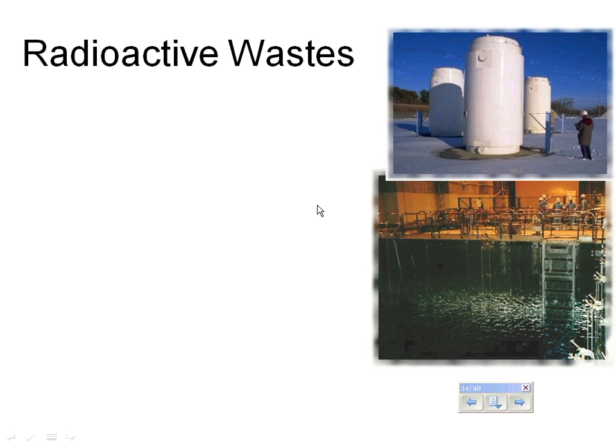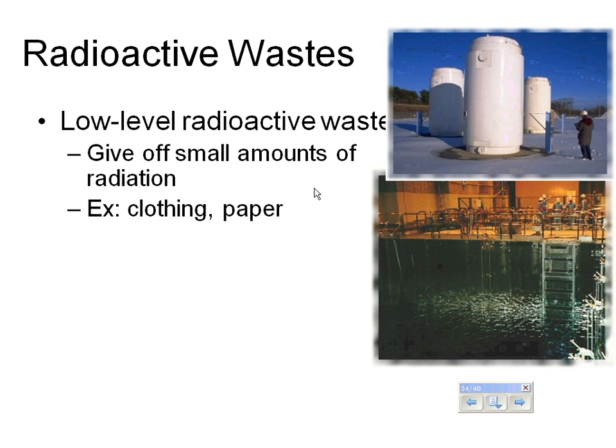So we have low-level radioactive waste and also high-level radioactive waste. Low-level radioactive waste includes anything that gives off small amounts of radiation, so paper, clothing. Many times we can just wait for this waste to become less radioactive and dispose of it in a regular landfill.